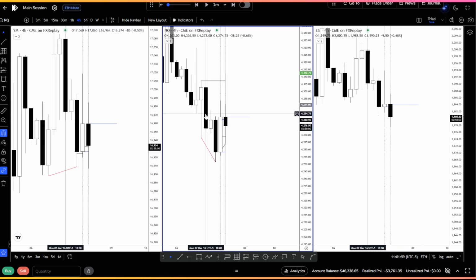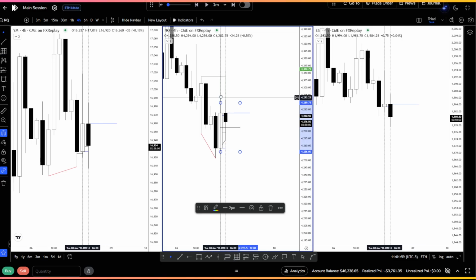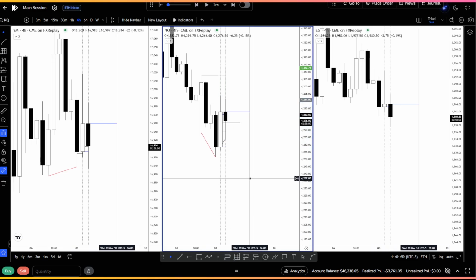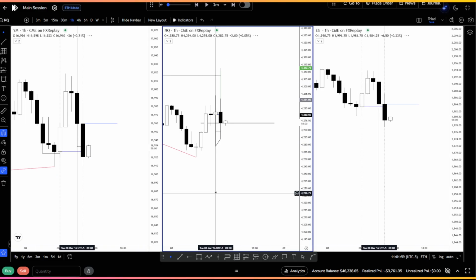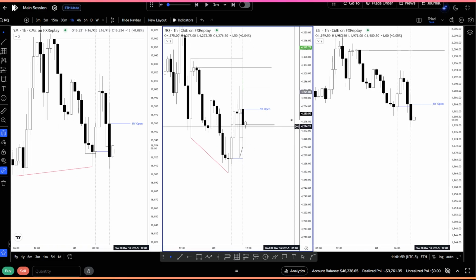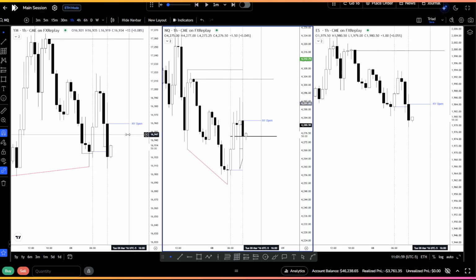Although we are still respecting the upper half of the previous candle. I don't know how comfortable I am taking the trade here.